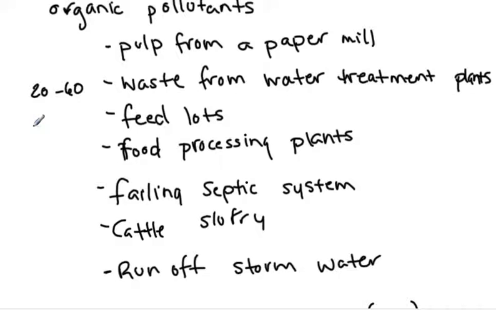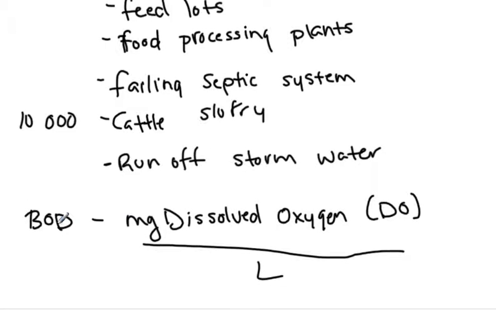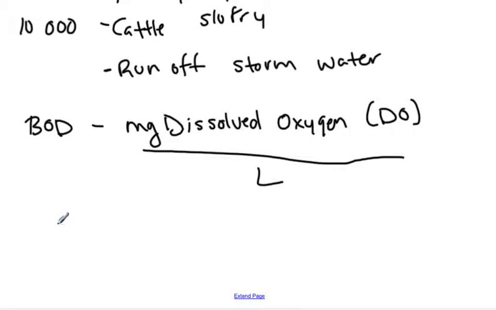The amount of BOD for cattle slurry is 10,000. Okay? So there's a really, really big difference.